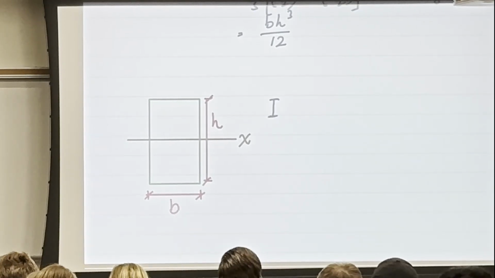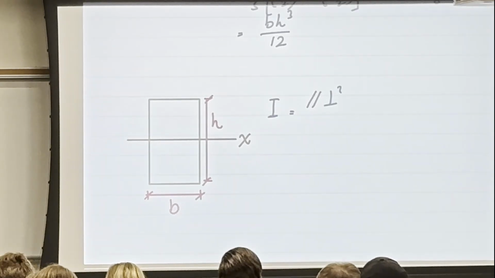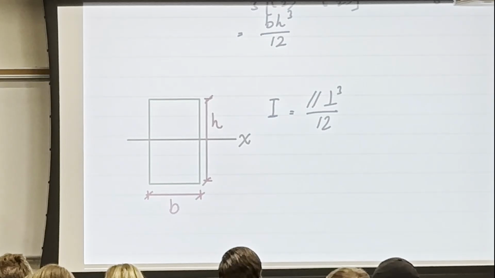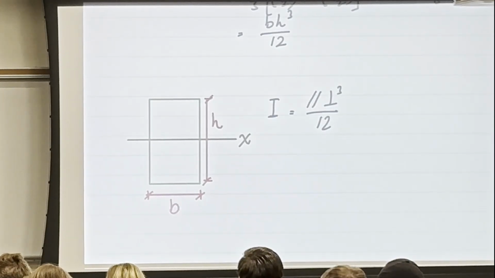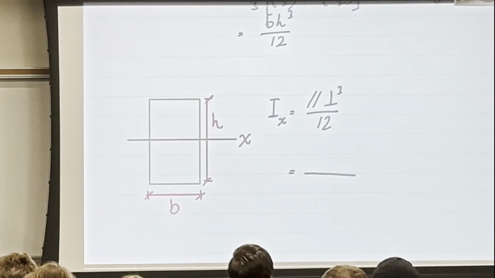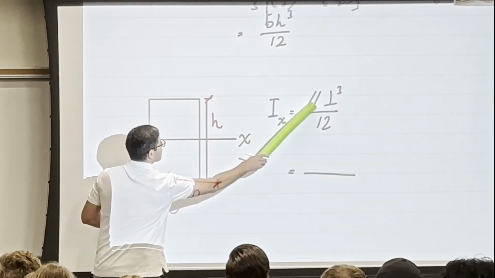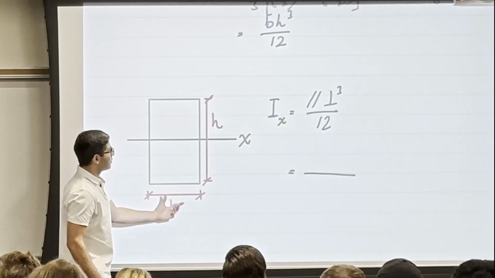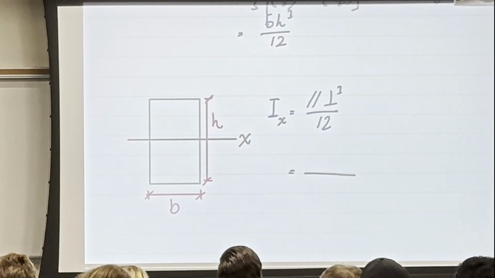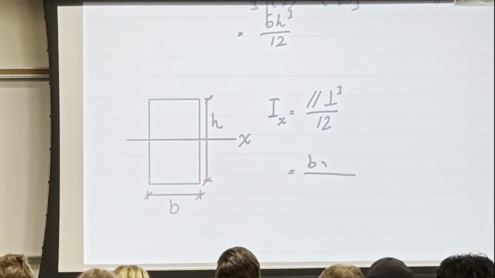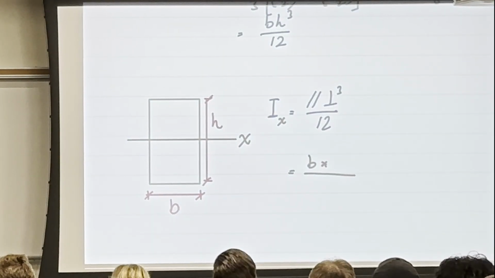So the moment of inertia is equal to parallel perpendicular cube over 12. What I'm saying here is, if I'm asking you now, what is the moment of inertia about x, what is the dimension that's parallel to x? B. So you want to put b here. What is the dimension that's perpendicular to x? H. So you want to say b h cubed over 12.